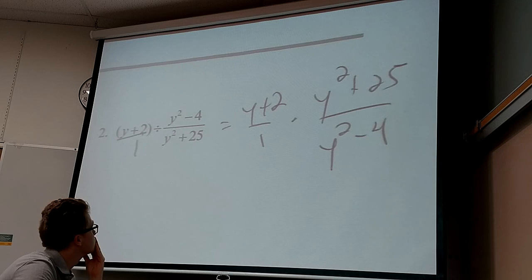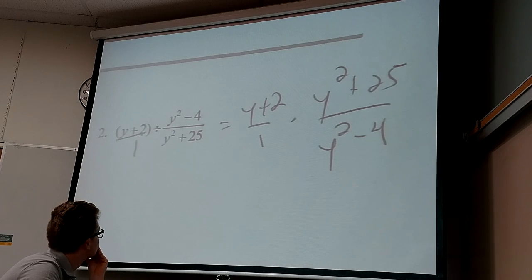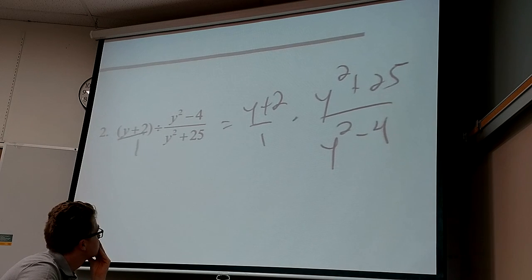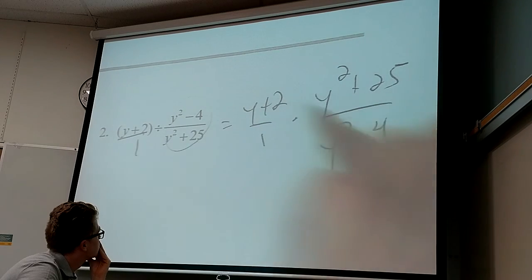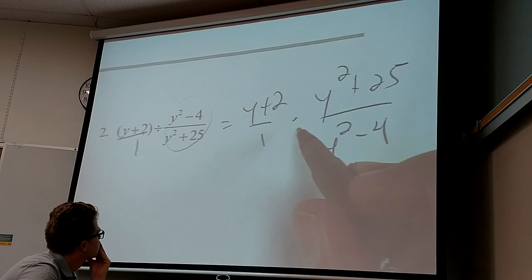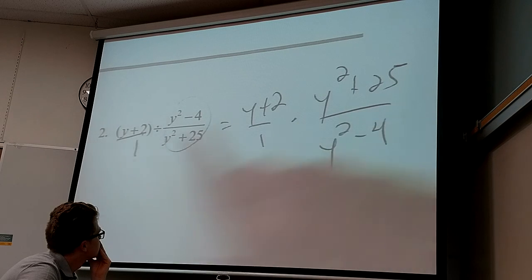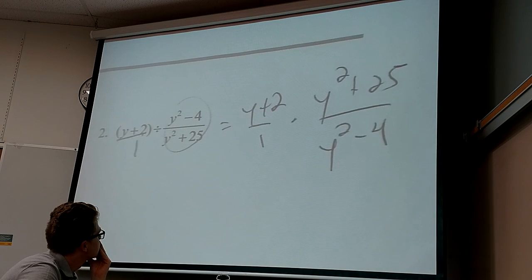How many parts of that can you factor? Just the bottom one. So the first step was to reciprocate this and make it multiplication. Division problems are nothing really new compared to multiplication problems.